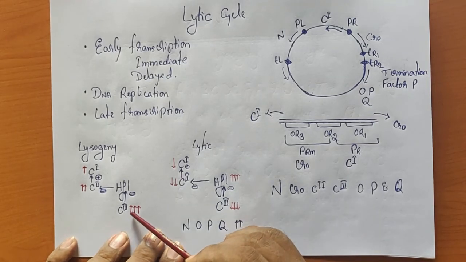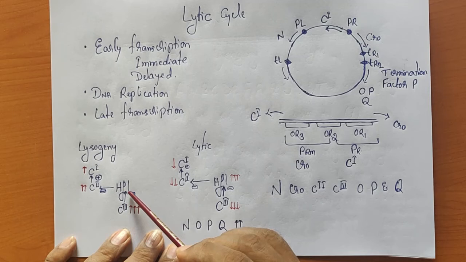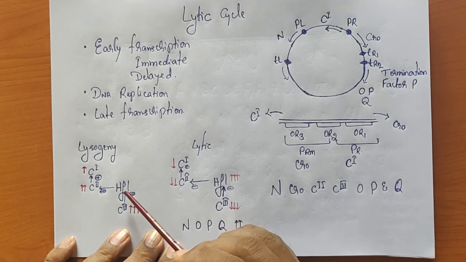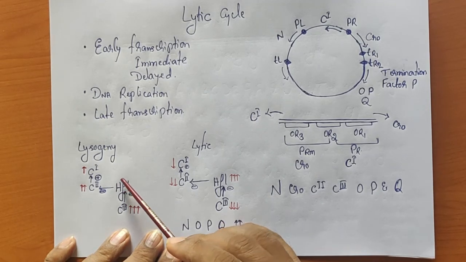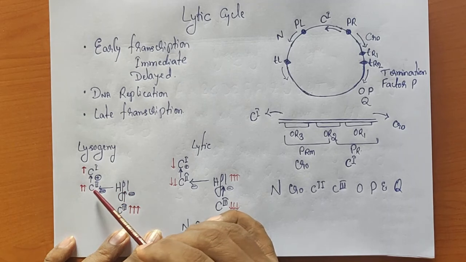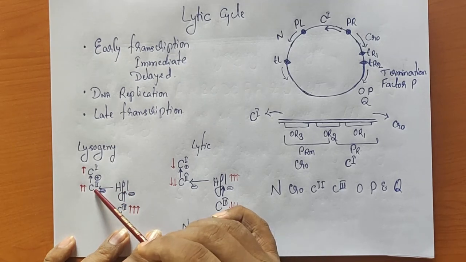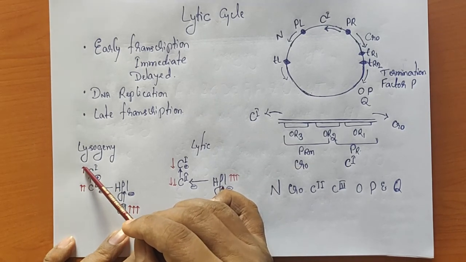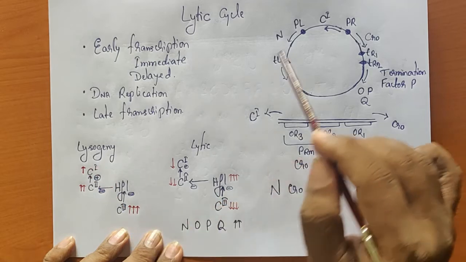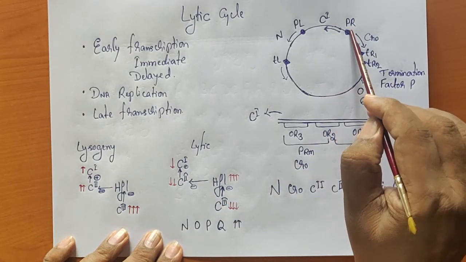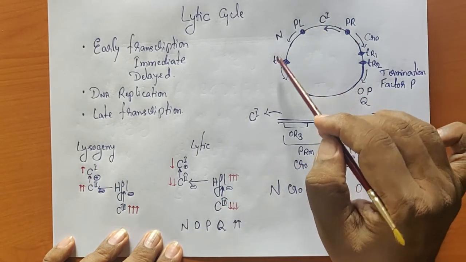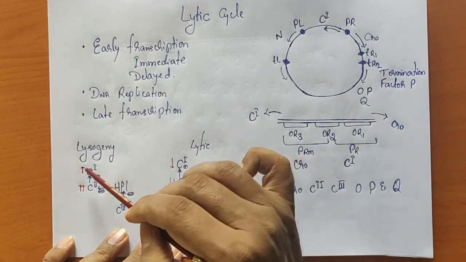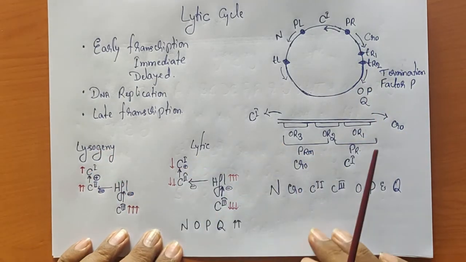So now I will repeat, C3 inhibits HFL. Because of the inhibition of the host protease, it will not act on C2. So the level of C2 increases. C2 is a positive regulator of the C1 gene. Then the C1 gene is going to be elevated. When C1 is elevated, it will bind to PL and it will bind to PR. Then the entire process is blocked. Then it will lead to the lysogeny.